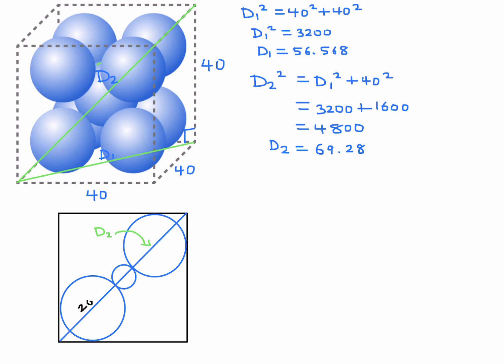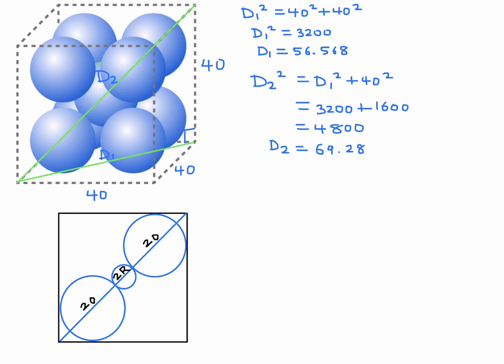So this is 20 right here. And this sphere is also 20, like that. And then the small sphere in the middle, that is the sphere whose radius I'm interested in. So this is going to be 2r right there. That's 2r.